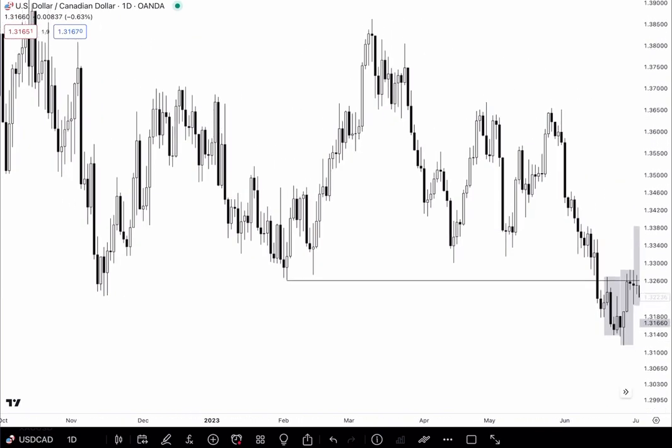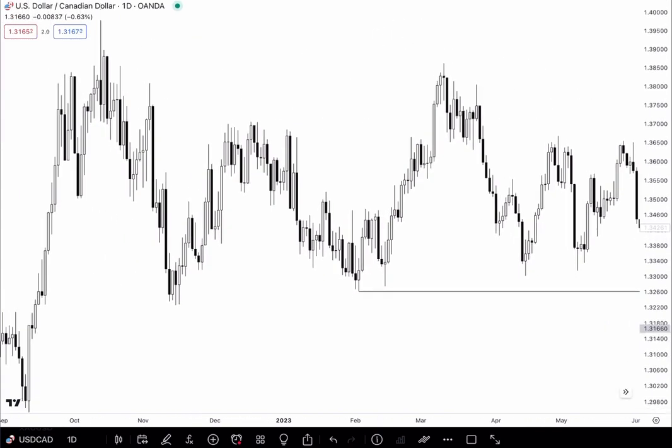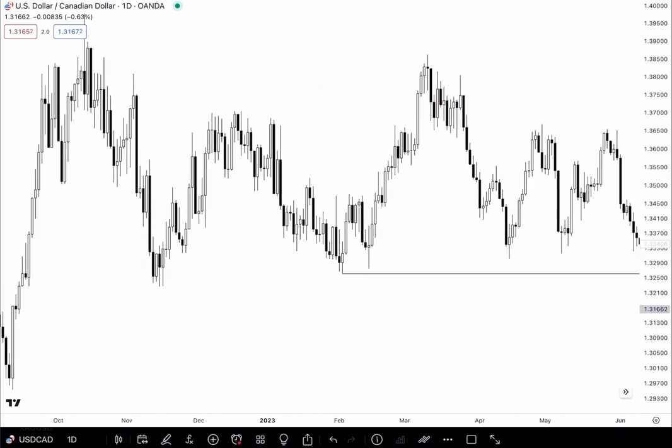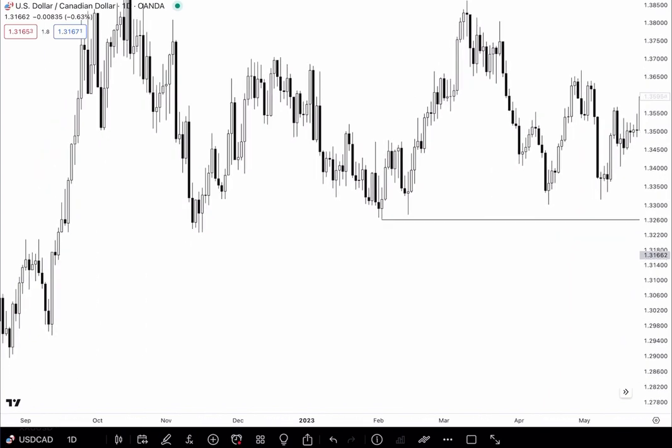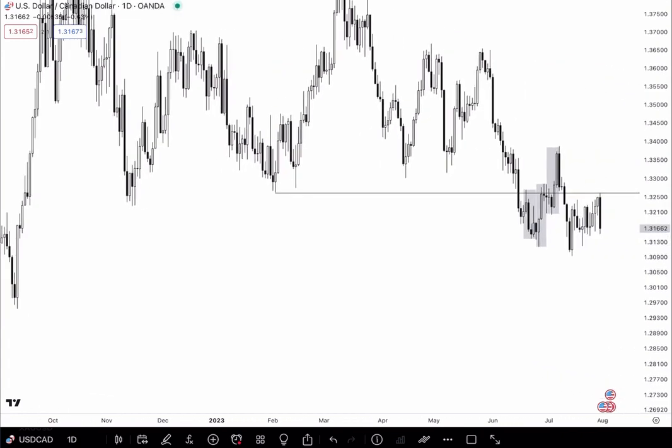This candle was a range. Let's choose a simple one to begin with, because when you're learning something, the simple version is what you should be learning first, and then moving on to the more advanced version, all right?